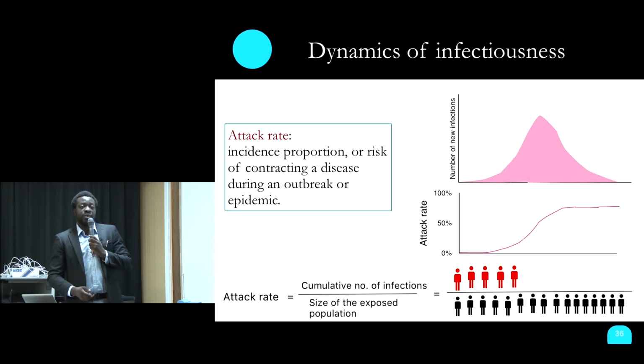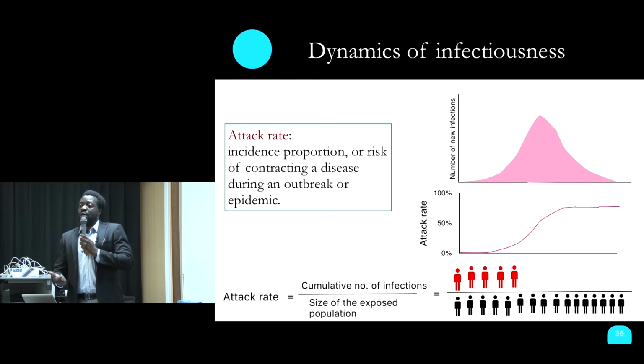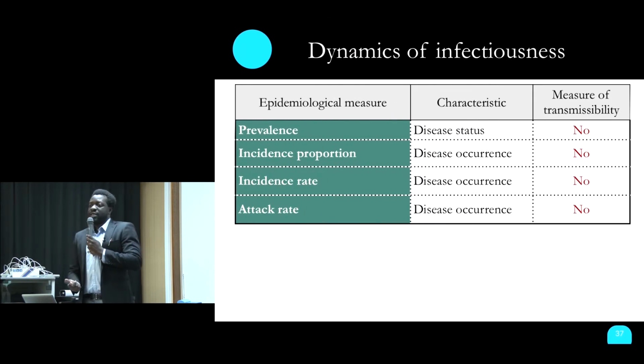So it tells you how many people at the end of the epidemic were infected, for example, developed the disease. But it still doesn't really tell us how transmissible the infection is.